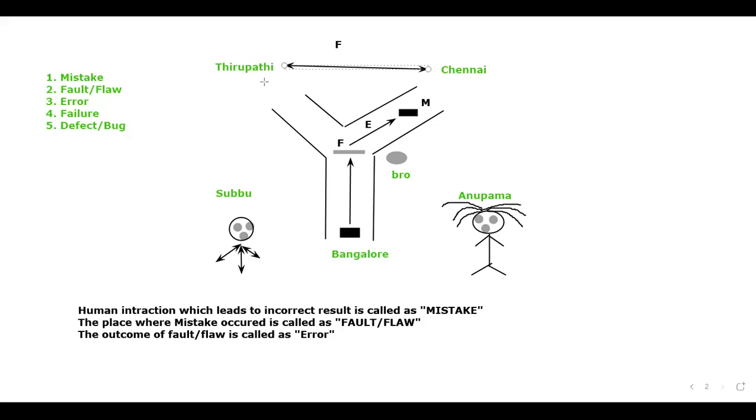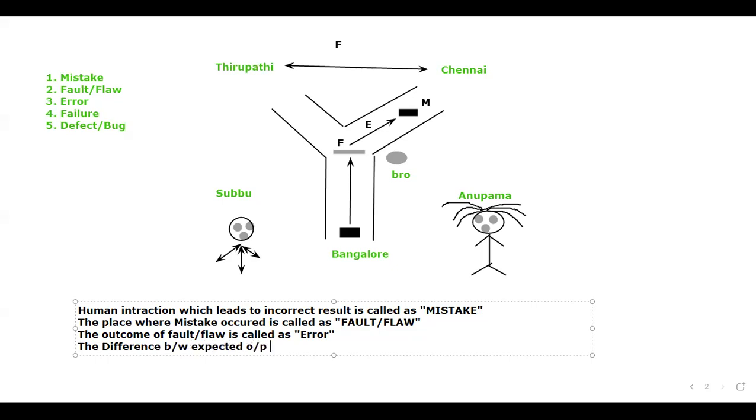The difference between expected output and actual output, which leads to an incorrect result, is called as what? Failure. Once again, I'm going to repeat here.